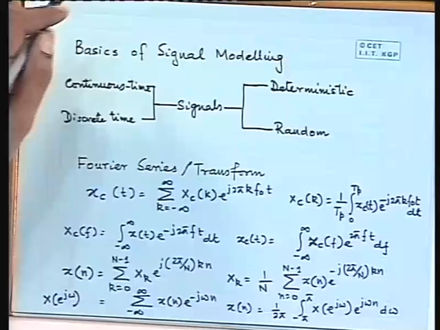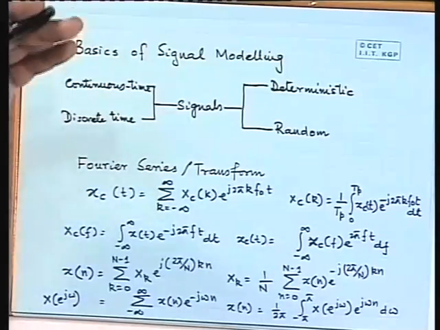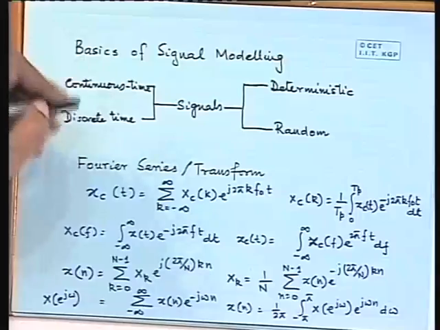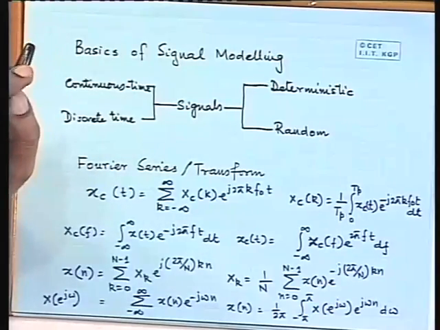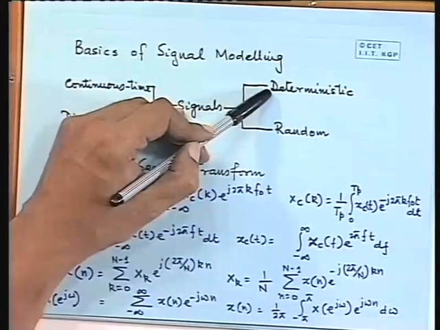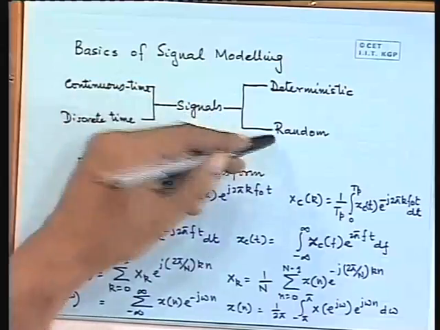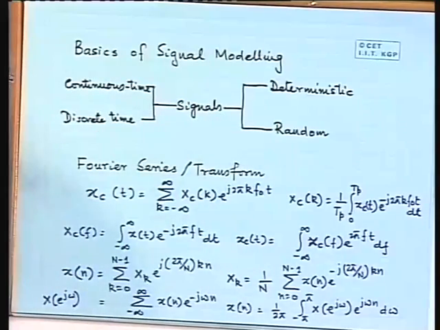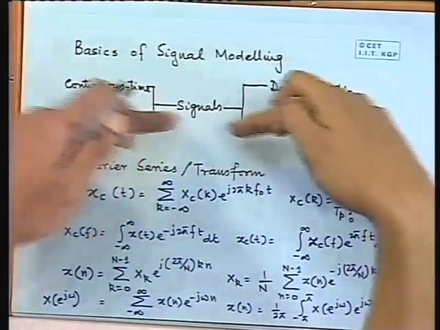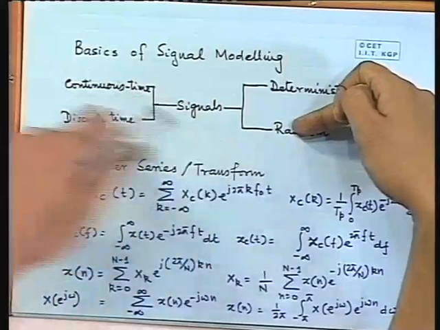Of course, they come because real signals have to be continuous time, but they come through other means. In the core cases, you will always be talking about the signal at certain points of time, and such signals are called discrete time. Similarly, as we have seen, we may have deterministic signals or random signals. Typically, in this course, we will be talking about this particular combination, that is random discrete time signals.